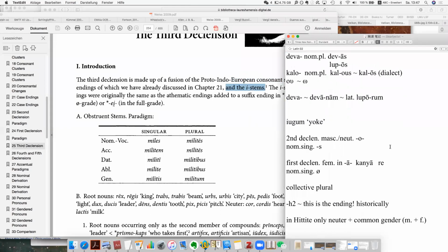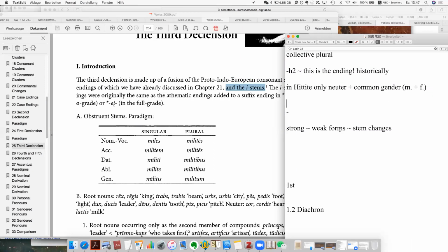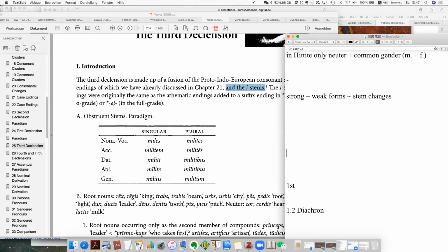So I write it here. This is very important. Latin third declension is consonant stem plus E stem.